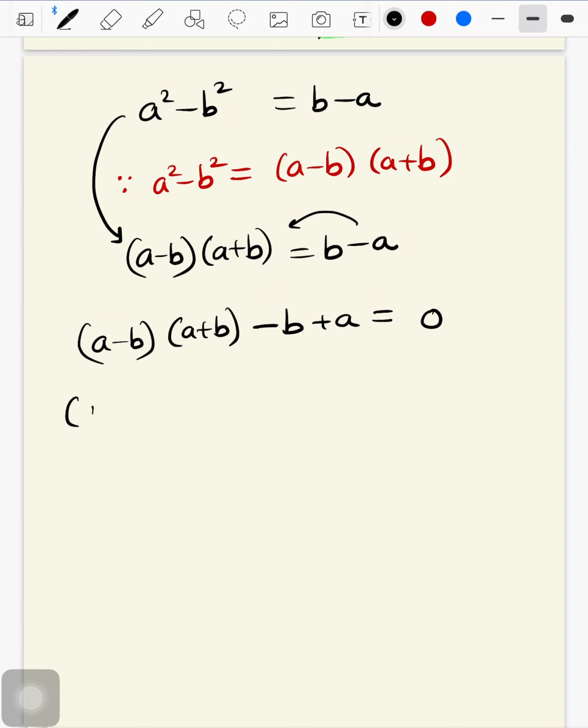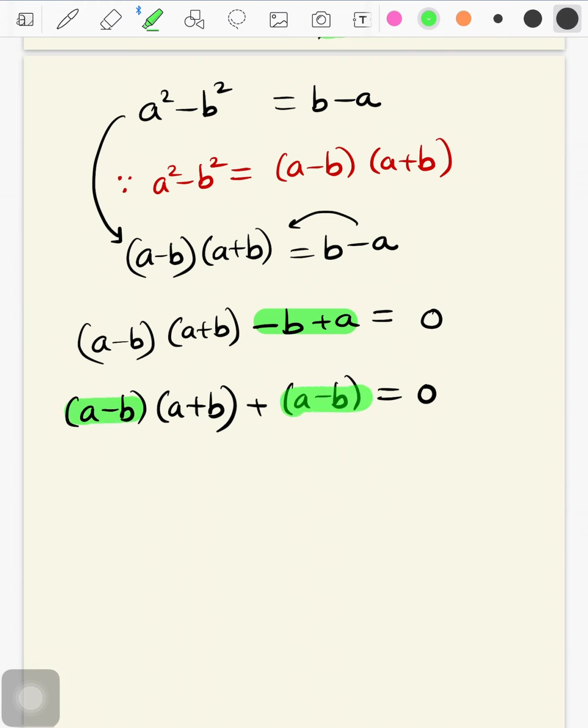For these two we can write a first and b secondly, so we can write it as a minus b, correct, and a plus sign is there. I can see that two brackets are common here, so we can take out common. Inside a plus b, and here a minus b got outside, so this will be plus 1 equals to 0.